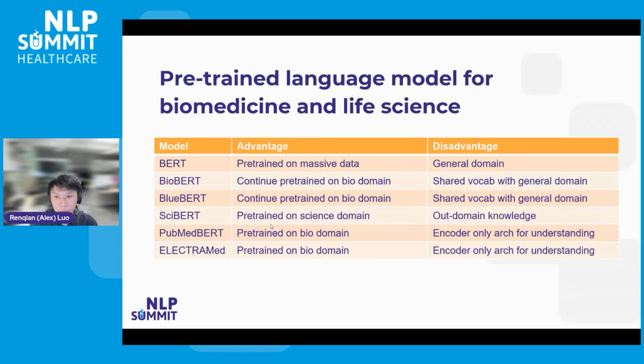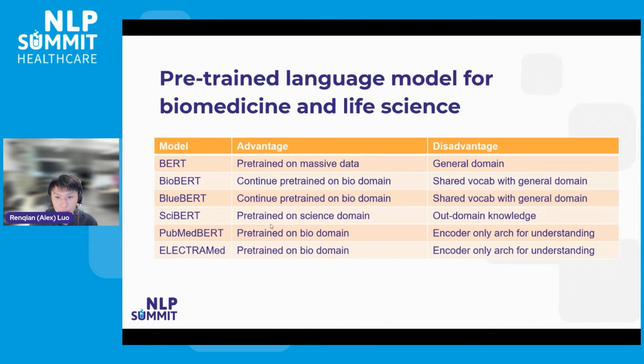So previously, what we have for this purpose is some pre-trained language models for the biomedicine and life sciences domain. For example, the general purpose BERT and BioBERT, BlueBERT, PubMedBERT, SciBERT, and ElectraMed BERT. All these models are based on the transformer encoder models that we call BERT, and they are pre-trained on massive general domain data and continue pre-trained on the biodomain or directly pre-trained on the bio or science domain.